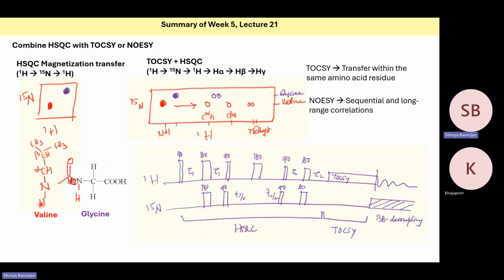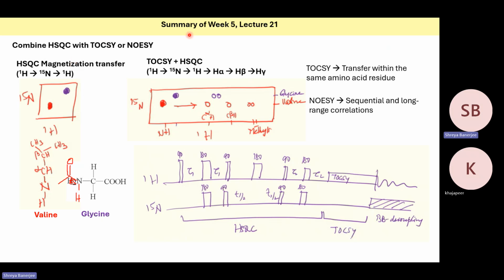Imagine these two amino acids, valine and glycine, in a polypeptide. So you will have two peaks, one due to valine shown in red and one due to glycine shown in purple here in the HSQC spectra.